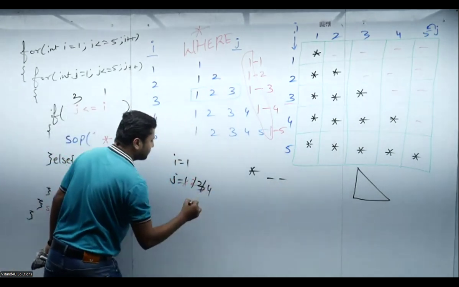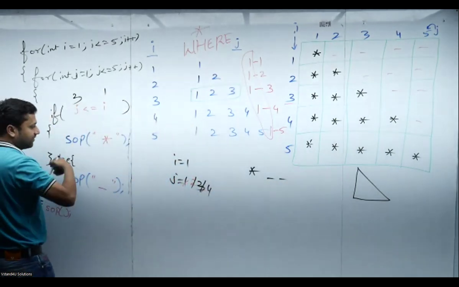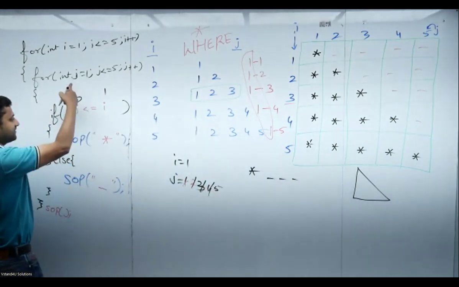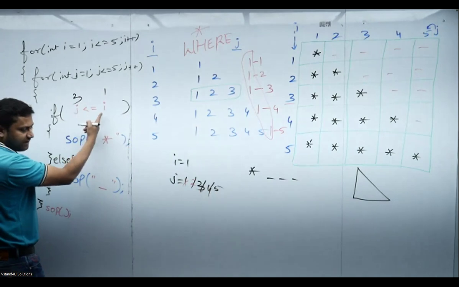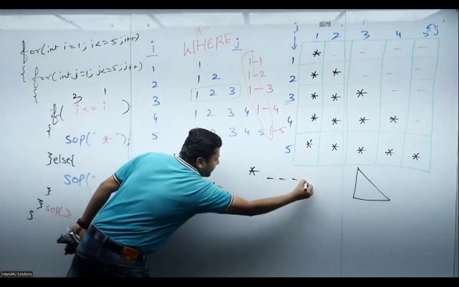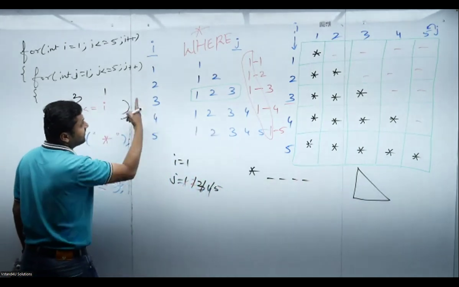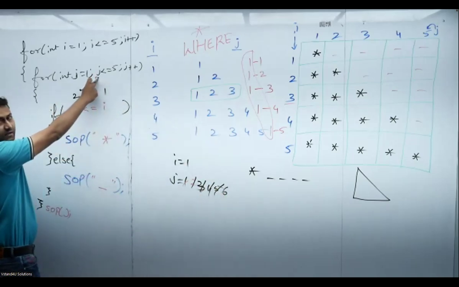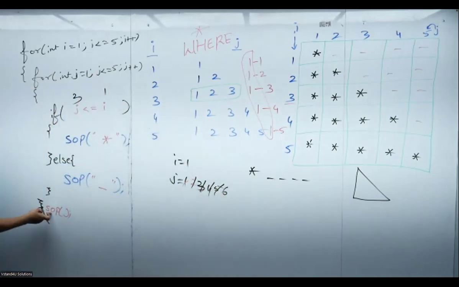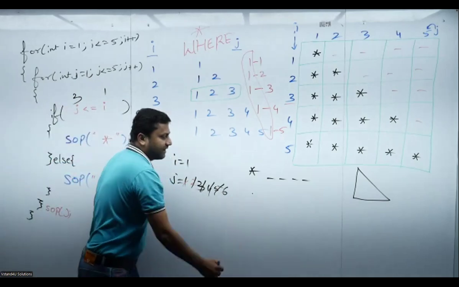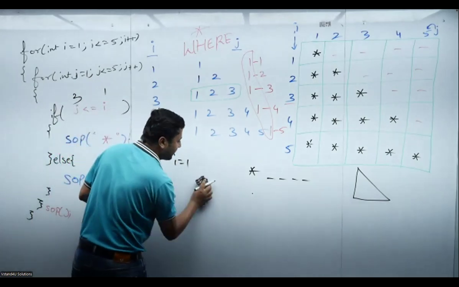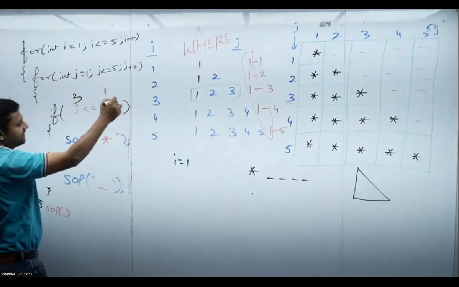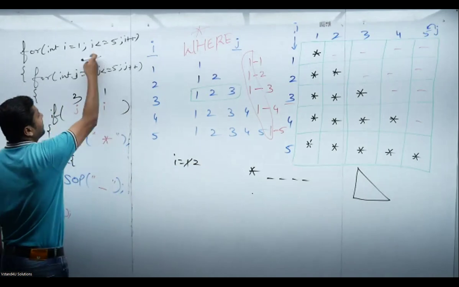J became 4, this condition failed, print space again. J became 5, the condition still failed, so print space. After that, J has been incremented to 6. This condition itself failed. Agree? Then I step out of the inner loop, and J is gone. Agree? I will be incremented to 2, and check 2 is less or equal to 5.